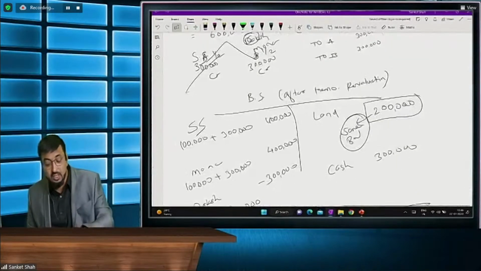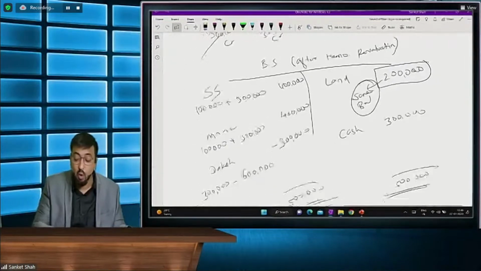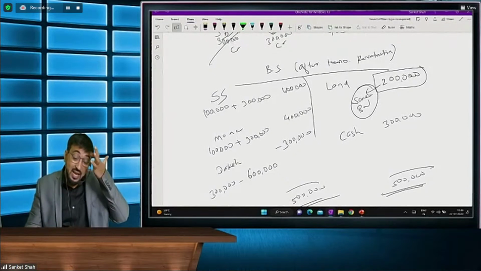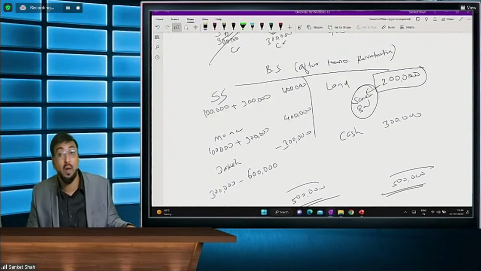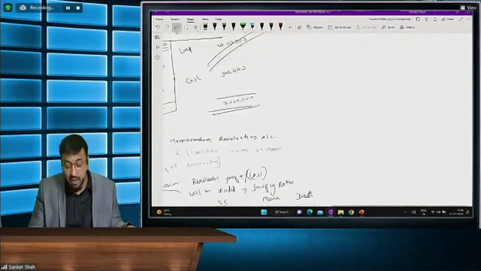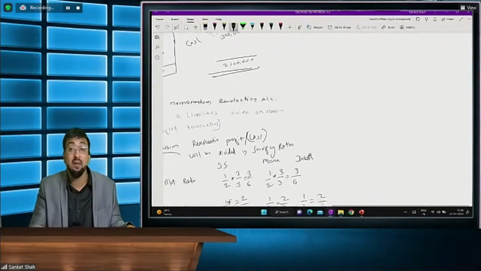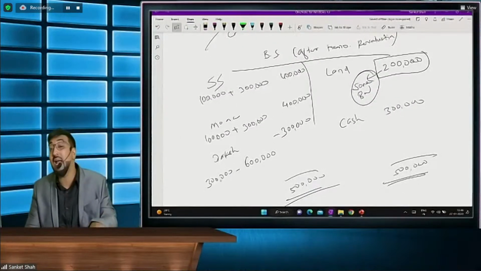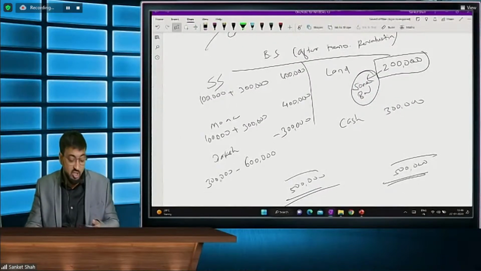And then in the balance sheet, your land won't change. So memorandum revaluation talks about if assets and liabilities you want to show at same value, and in revaluation assets and liabilities values are getting changed.